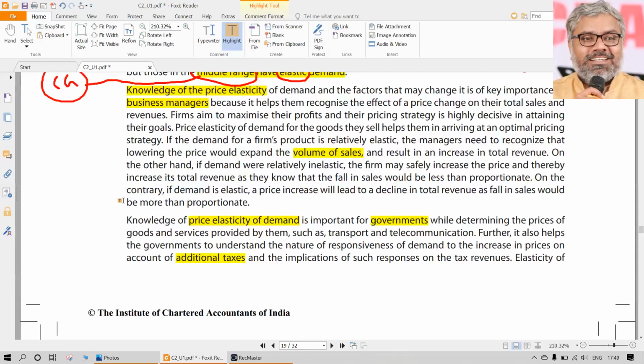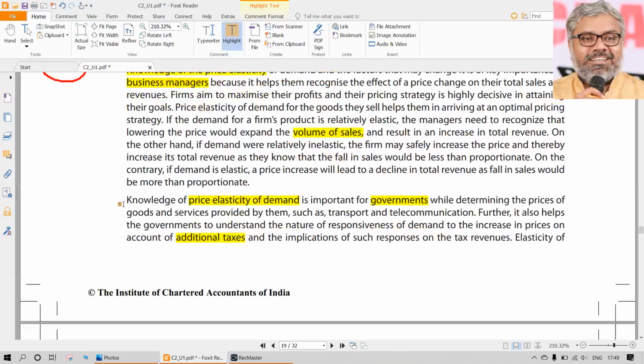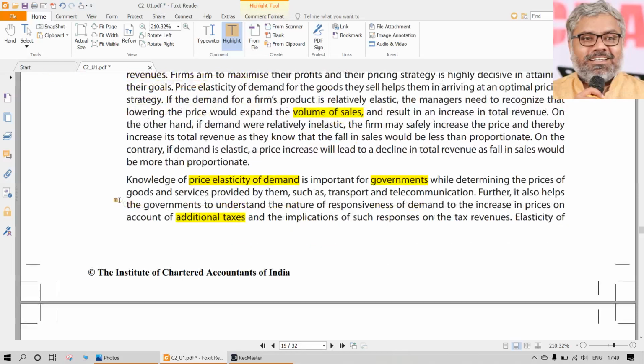Generally, normally speaking, when petrol prices, diesel prices increase drastically, of course nowadays they are increasing daily, that's a different story. Drastically, if suddenly the petrol price increases by 5 rupees, or suddenly the government increases excise duty on petrol by 5 rupees, something like that.